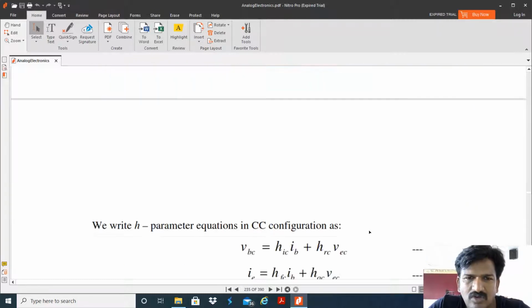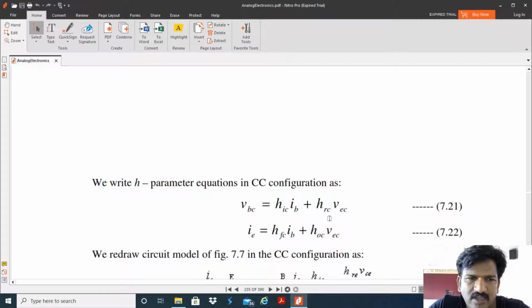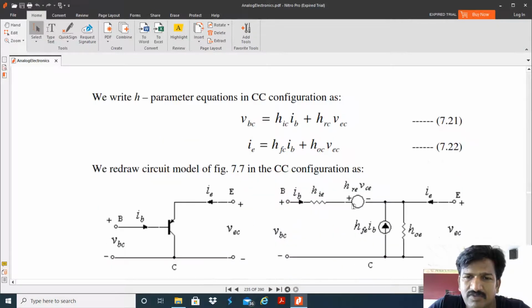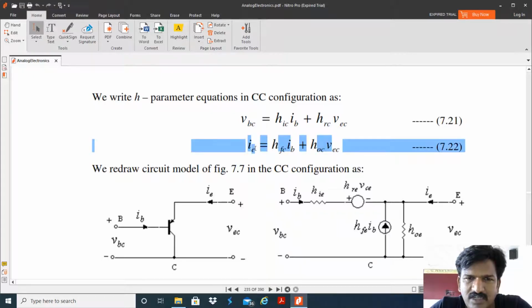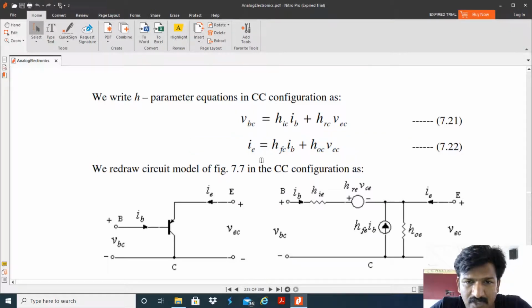Now we have to write the h parameters for the CC configuration. What is the input of the CC configuration? It is VBC, because the collector is connected to ground, so the base to collector voltage acts like the input voltage. What is the output current of the CC configuration? It is IE.